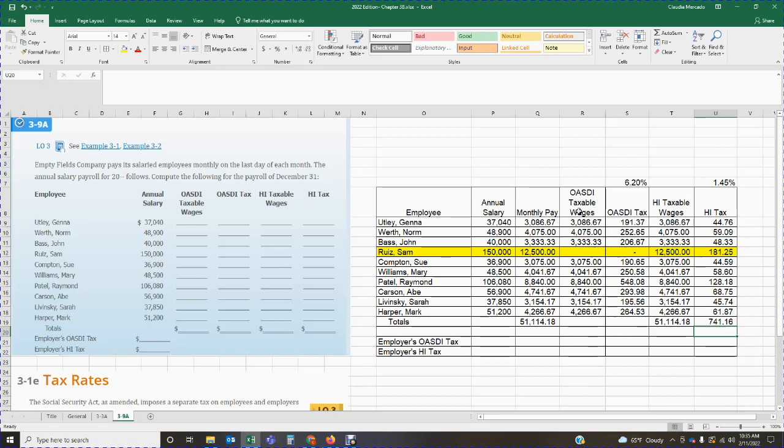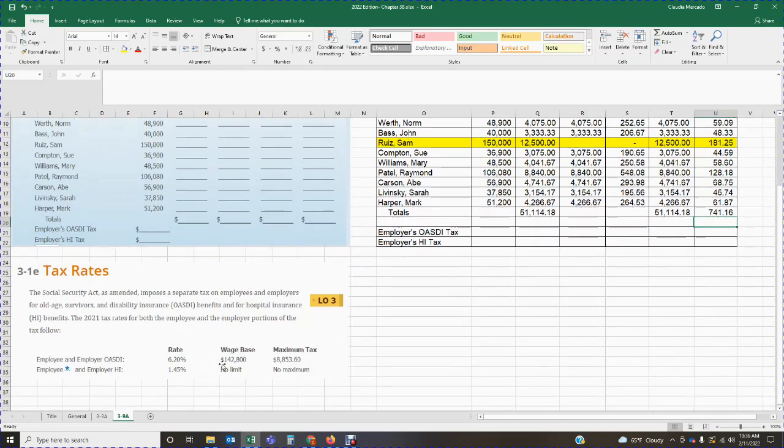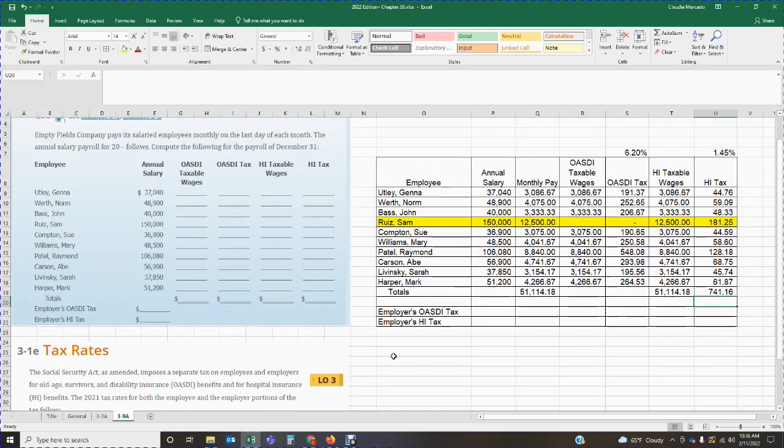Now let's go back to the OASDI taxable wages for Sam for this last pay period. We know that Sam made $12,500. He makes $150,000 a year, but we also know that the cap is $142,800. Anything above that amount, we are not going to pay any OASDI taxes. So the first thing we need to figure out is what is Sam Ruiz's year-to-date earnings as of November.